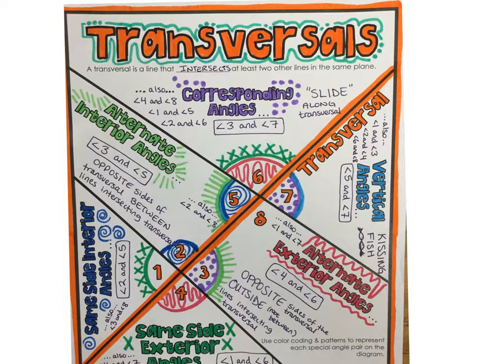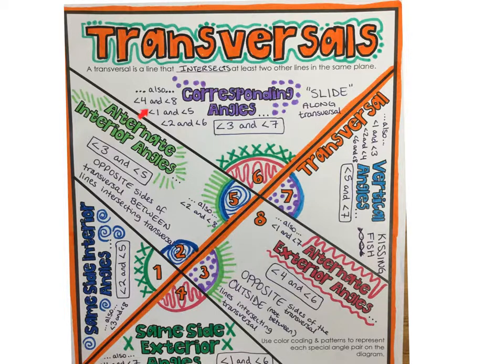You can also think of it as a cut line. It cuts the two lines. There are several angle relationships that are caused by a transversal. So if you want, you can go ahead and highlight or color in that transversal so it's very clear to see where your transversal is.